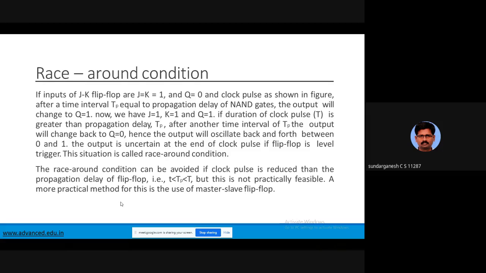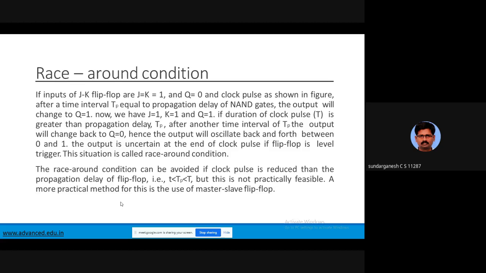So what is race around condition in a flip flop? When you give 1 1 to the inputs of the JK flip flop and Q is 0, after a time interval Tp equal to the propagation delay of the NAND gates, the output will change to Q equal to 1. Now J equal to 1, K equal to 1 and Q is also equal to 1.